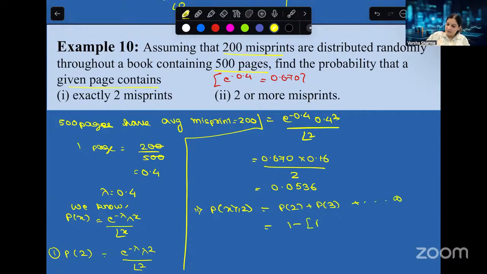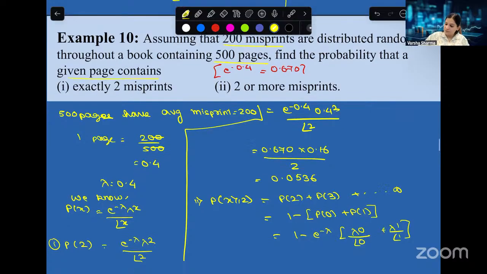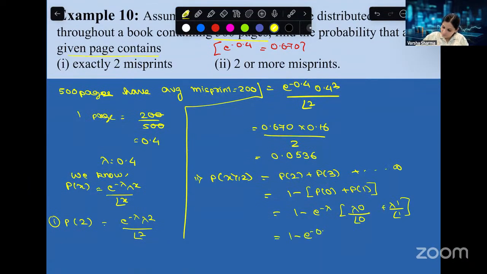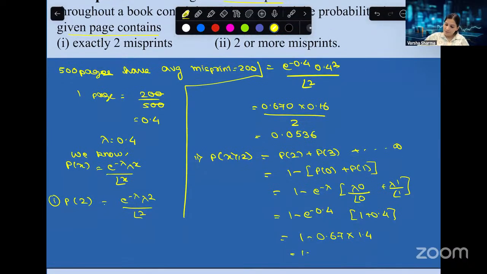So 1 minus P of 0 and P of 1. 1 minus e power minus lambda times (1 plus 0.4). 1 minus 0.67 into 1.4. 1 minus 0.938. That is 0.062.